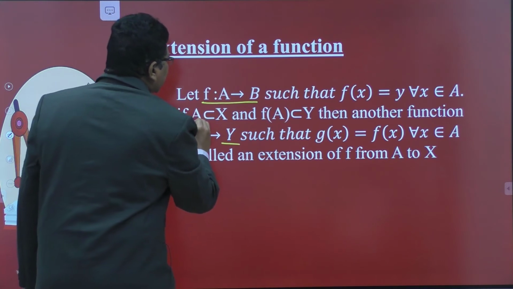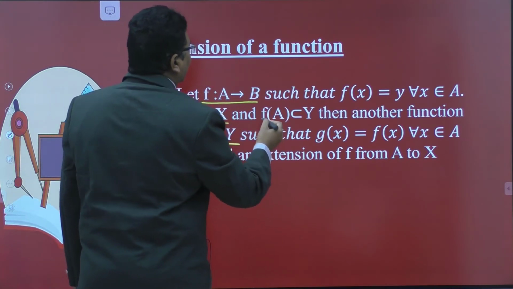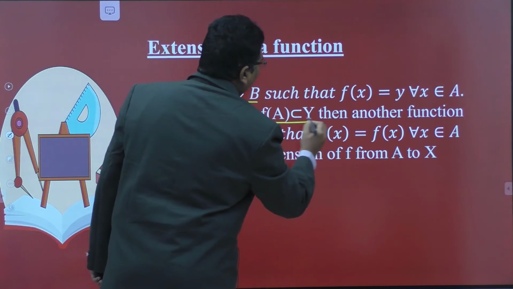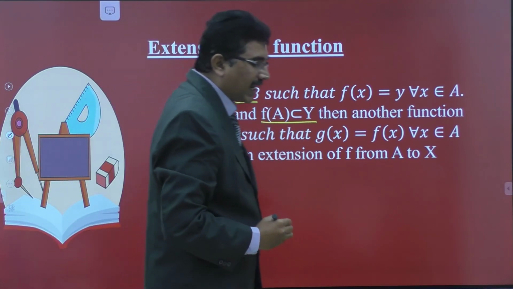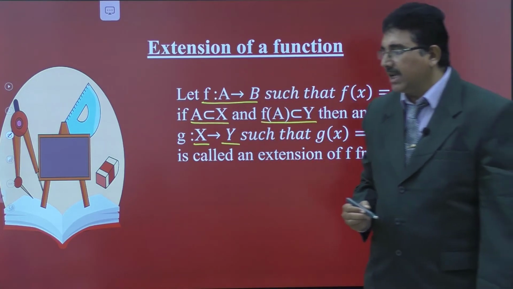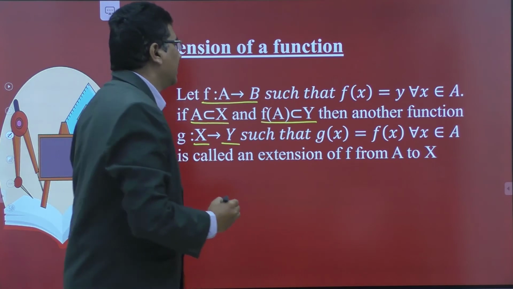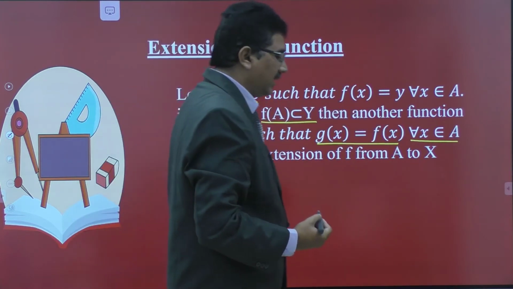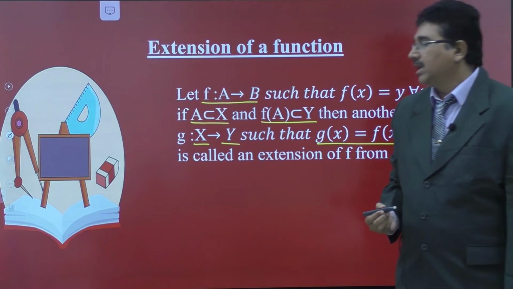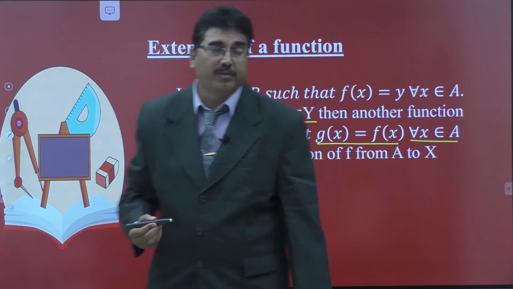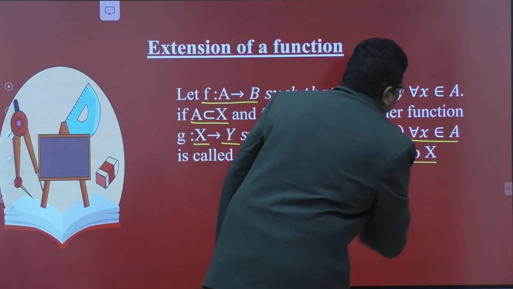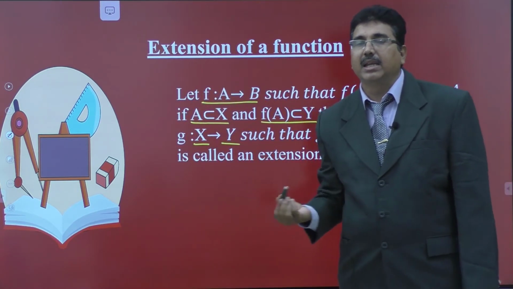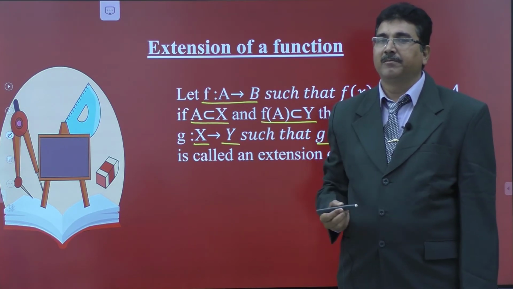A is a subset of X, f of A is the range, B is the codomain, and the range is a subset of Y. Then g mapping from capital X to Y, satisfying g of x equal to f of x for all x belonging to A, is called an extension of f from A to capital X. Extension of a function means we can extend the domain and the codomain of a function, right?